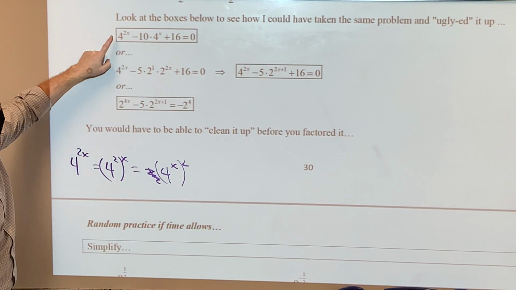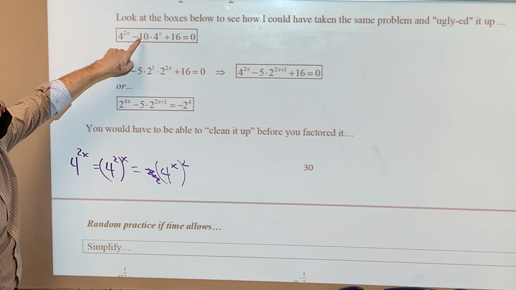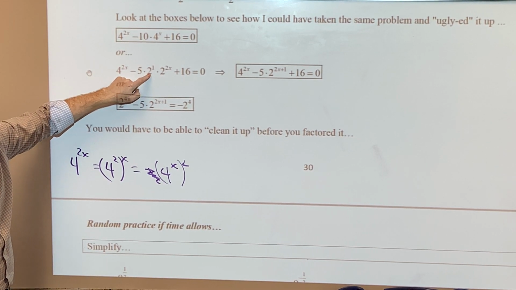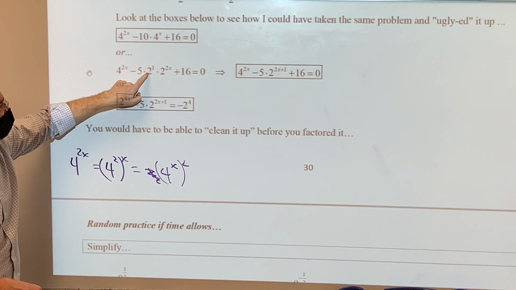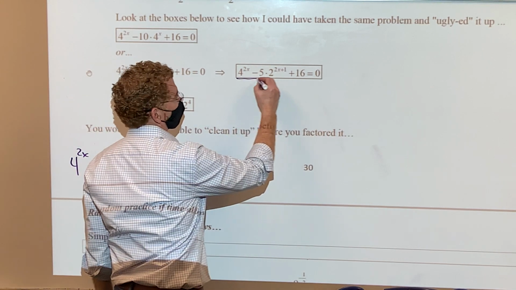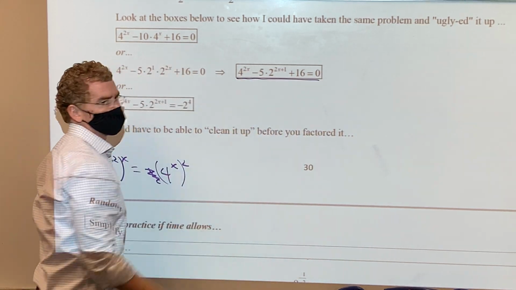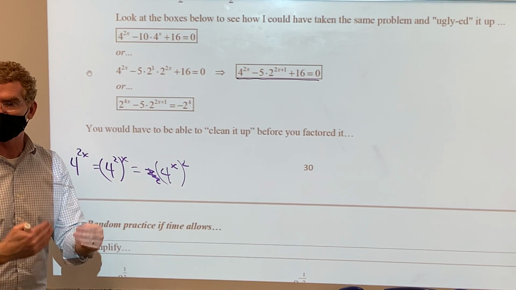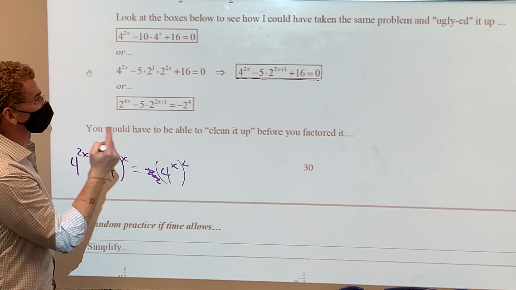When I see that, now I could have made it even worse. I could have changed that 10 to a 5 times 2, like in the original problem, which means like bases add exponents. Now when I look at that, I go, what in the world am I going to do with that thing? Well, it's certainly not ready now.